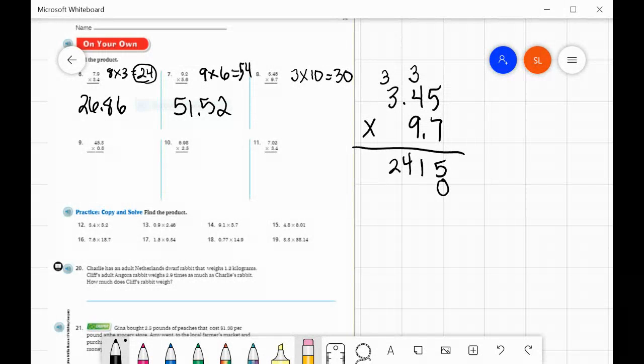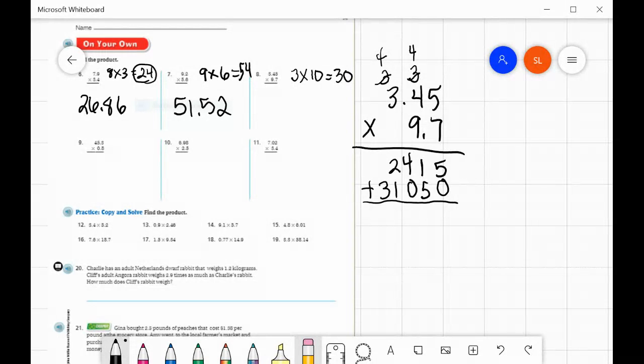Bring down a 0 or an X to hold your place, and then start multiplying by 9. 9 times 5 is 45. Carry the 4. 9 times 4 is 36, plus 4 is 40. 9 times 3 is 27, plus 4 is 31.